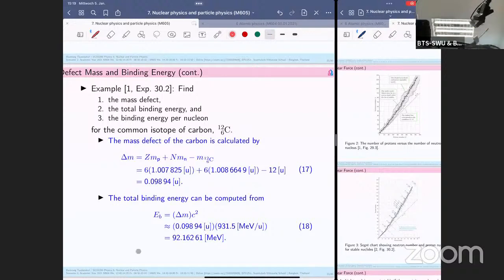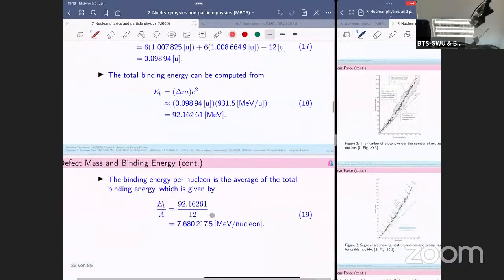You take 0.099894 atomic mass unit times 931.5 mega electron volt per unit, right? And you're going to get back 92.6261 mega electron volts. Okay. The binding energy per nucleon is the average of the total binding energy, which is given by EB over A.